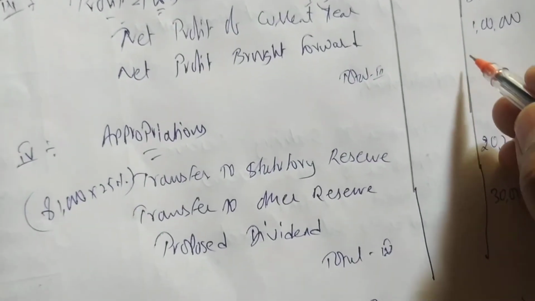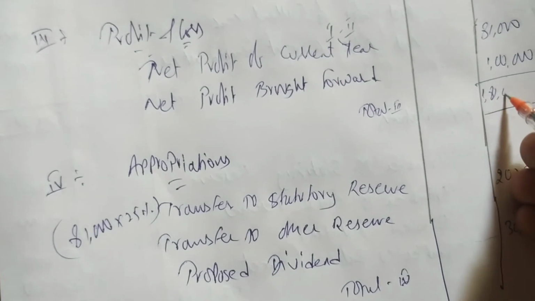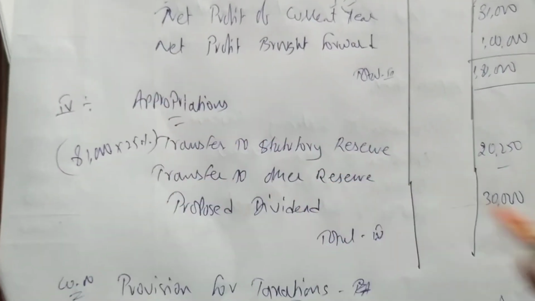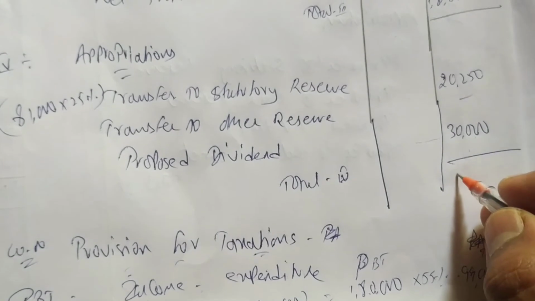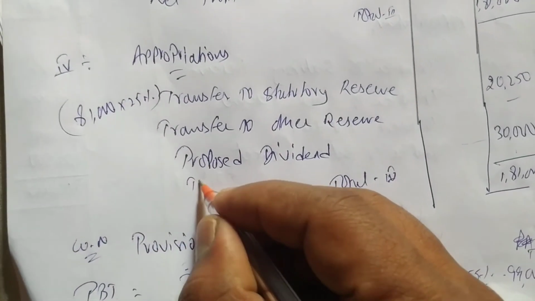Okay, wait, let me do total of this. Total profits 1,81,000. So total profit of both years is 1,81,000. Again you have to write here total 1,81,000. I forgot to write here, transfer to balance sheet.